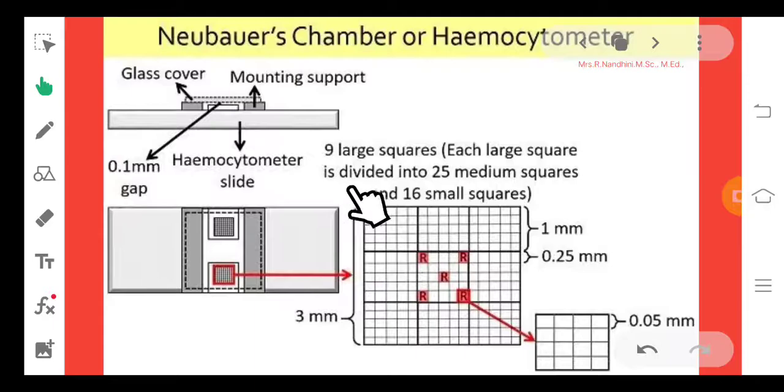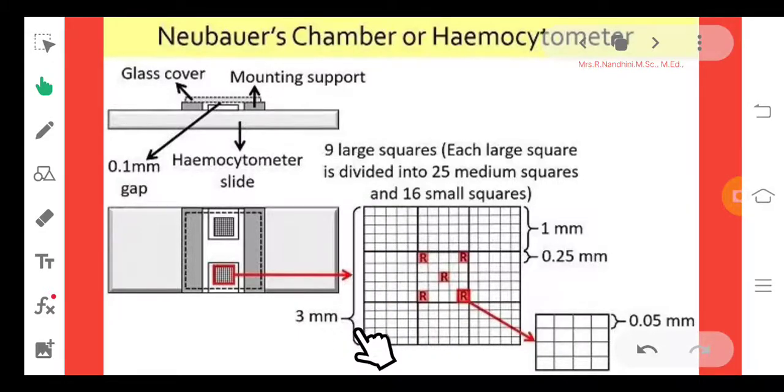Each large square is divided into 25 medium squares and 16 small squares. This is 1 millimeter, 0.25 millimeter. These boxes are counted for red blood cells. So this is the red blood cell counting portion in the hemocytometer slide.